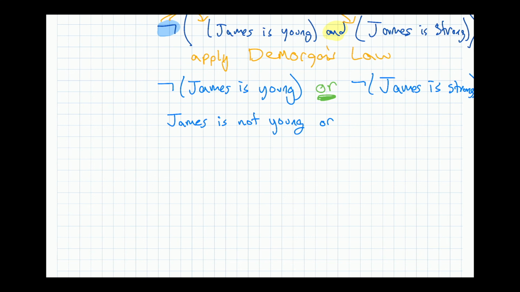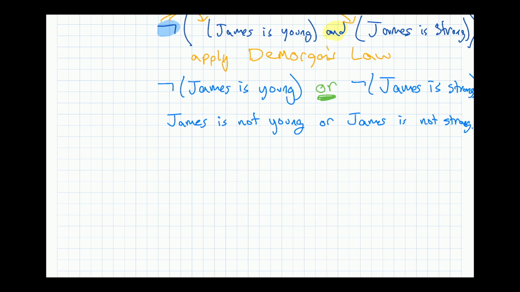You could say weak, but maybe he's in the middle, right? Maybe if you say weak, you're saying there's only two choices, strong and weak. Maybe there's strong, weak, and in the middle. And so maybe he's not strong, but maybe he's in the middle. So it's probably best to say just James is not strong, rather than to say weak.